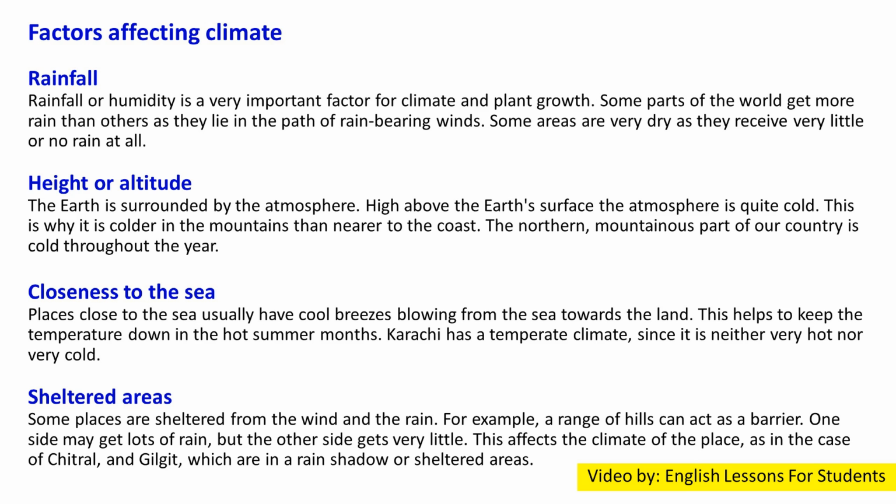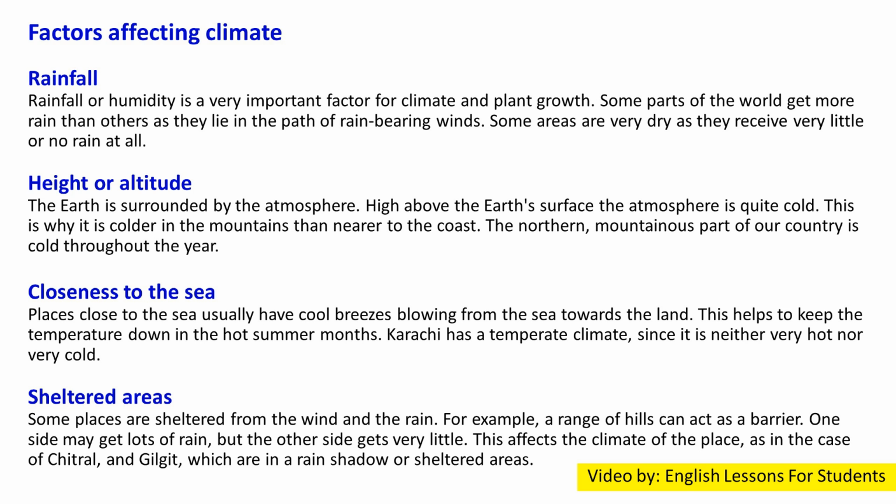Closeness to the sea. Places close to the sea usually have cool breezes blowing from the sea towards the land. This helps to keep the temperature down in the hot summer months. For example, Karachi has a temperate climate since it is neither very hot nor very cold. Sheltered areas.